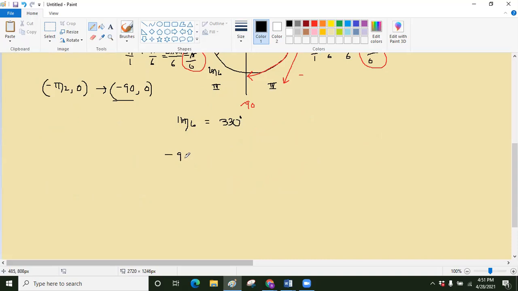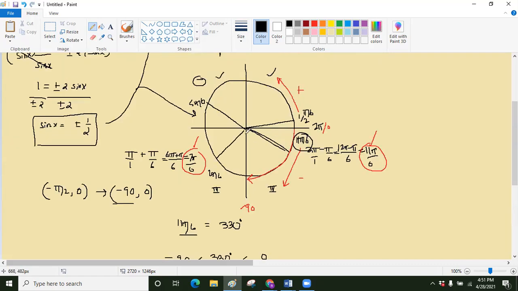To say that 11 pi over 6 lies on this interval would be the same as saying that 330 degrees is sandwiched between negative 90 and 0, which is not true. We're not judging whether it is graphically on this interval; we're judging whether it numerically lies on it, which it doesn't.